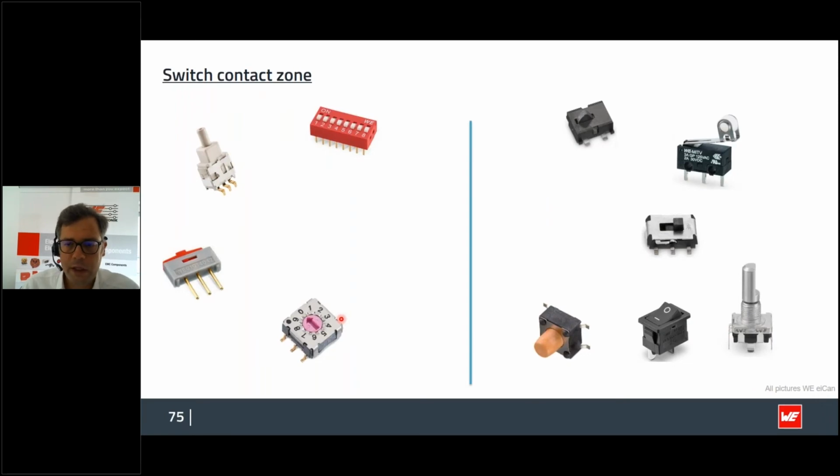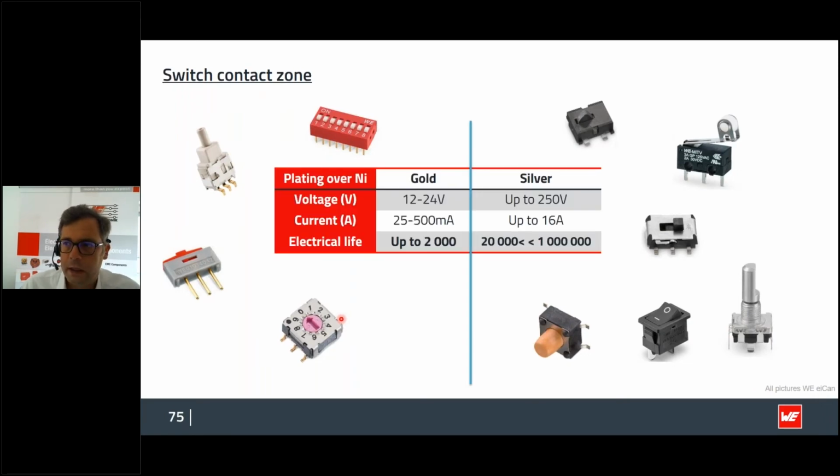When you think about switches, there are two base materials which are more commonly in use. On the left-hand side, you can see the switches which have gold plating. Gold plating has, in regard to electrical life, fewer life cycles, 2000 cycles in this case.